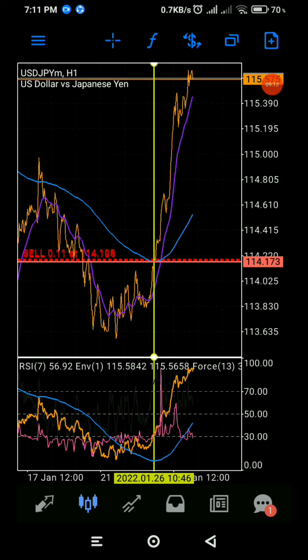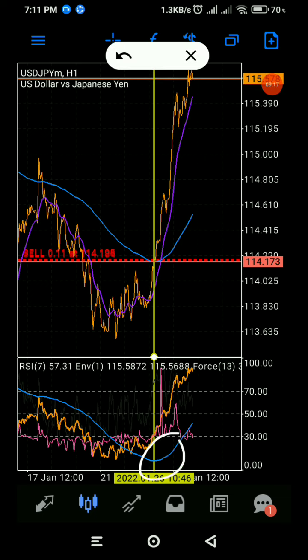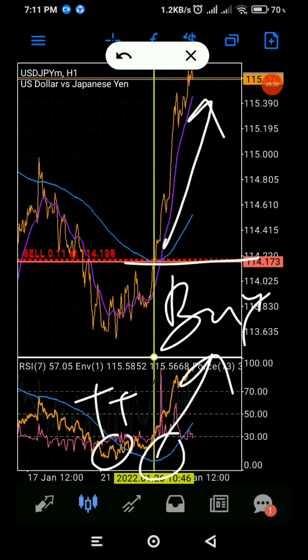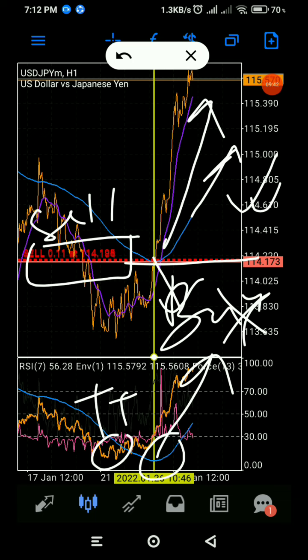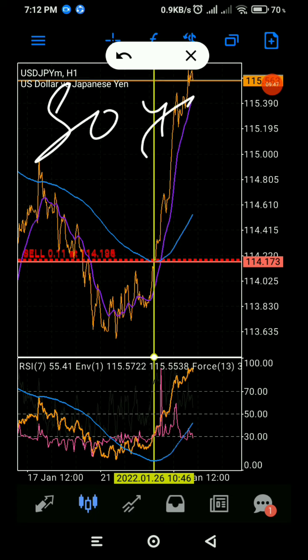Here you see the H1 chart for USDJPY, and what do you see? You see the blue line crossed the 30, and here a twin top formed on 30, so it indicates a buy signal. So for USDJPY at that time, only a buy signal was valid because the higher time frame was telling you there is a great session running with a buy signal and price hitting upward. So on the M1 chart we took a sell, and that was a wrong decision. I hope you got it.